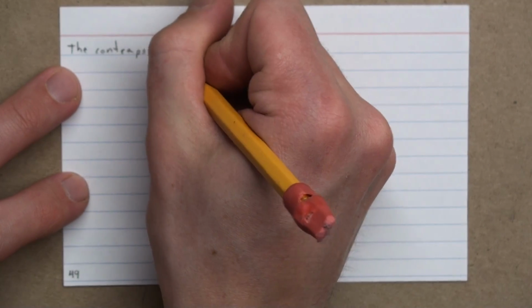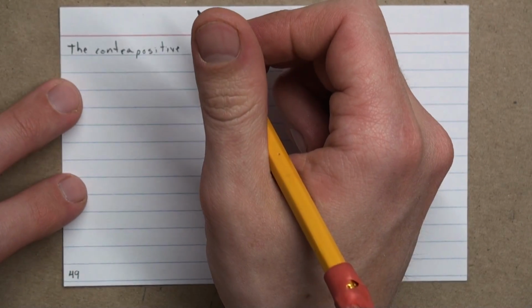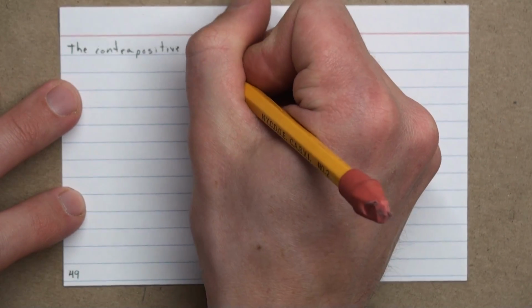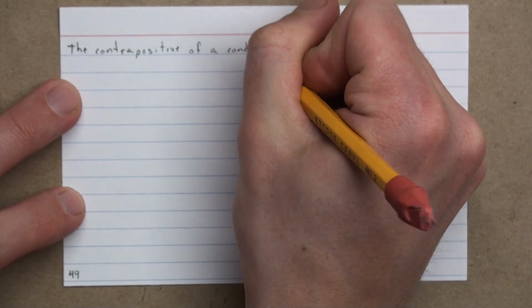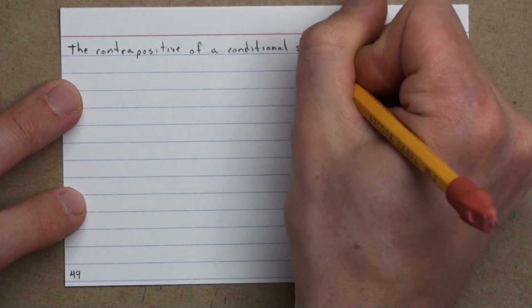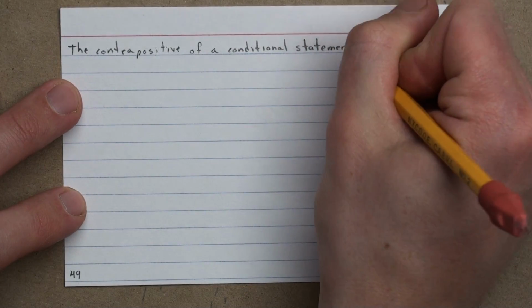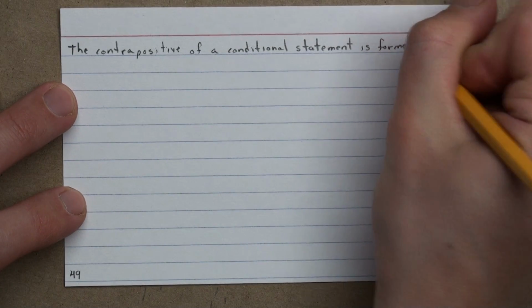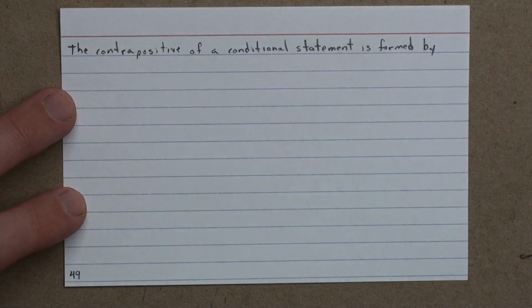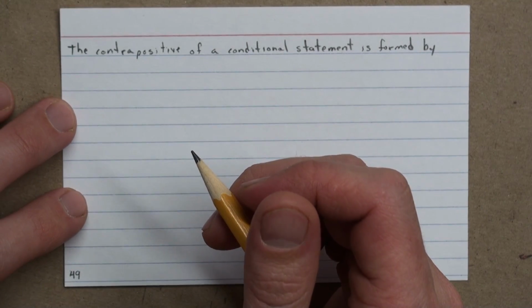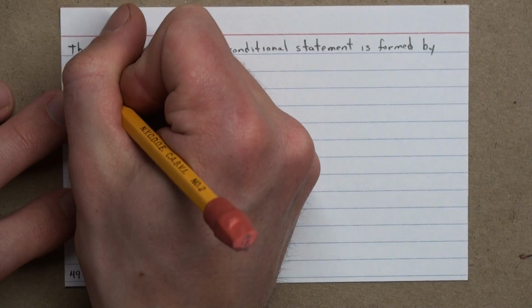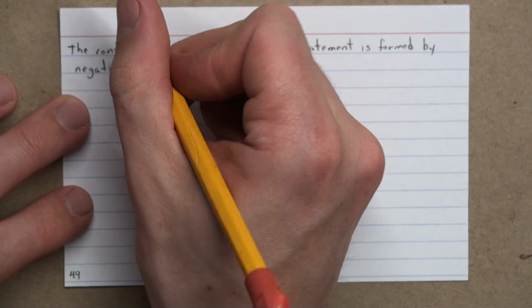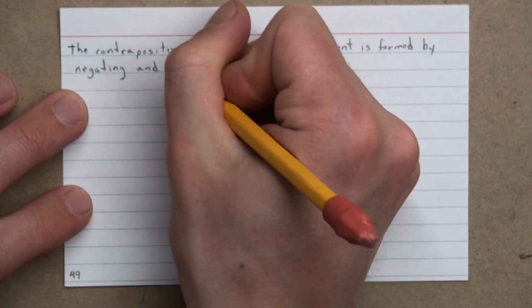The contrapositive of a conditional statement is formed by negating and switching.